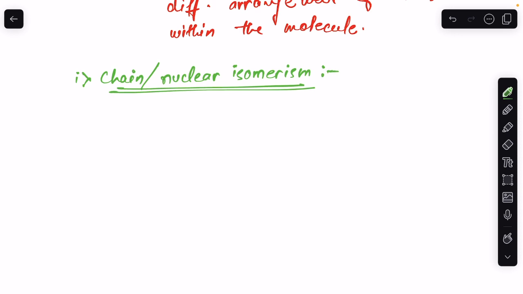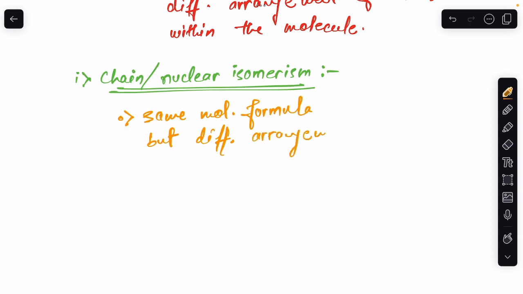In case of chain or nuclear isomerism, two or more organic compounds have the same molecular formula, but there is a difference in arrangement of carbon atoms within the molecule, meaning different arrangement of the carbon chain.